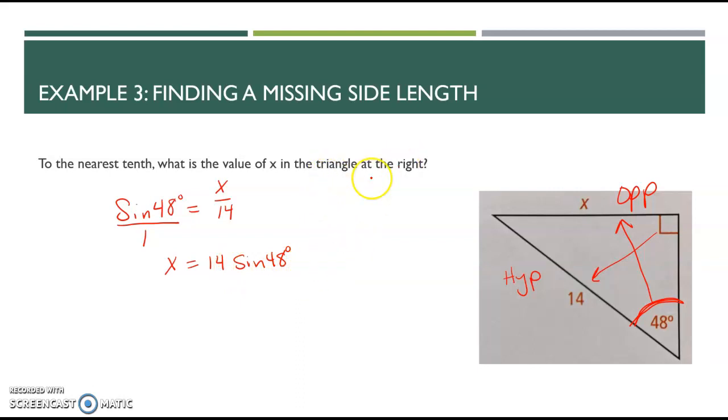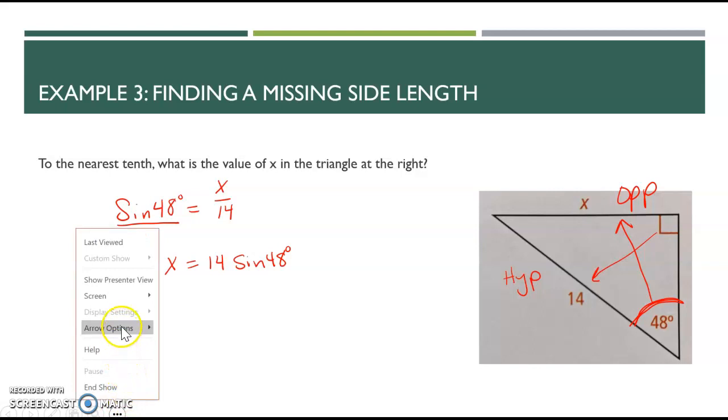It just makes it stand out and reminds you that it does not go inside your parentheses when you're typing it into the calculator. So from here, to find x, we're just going to type into our calculator.